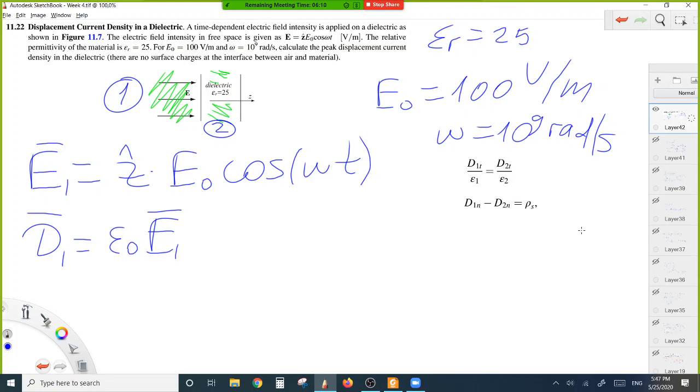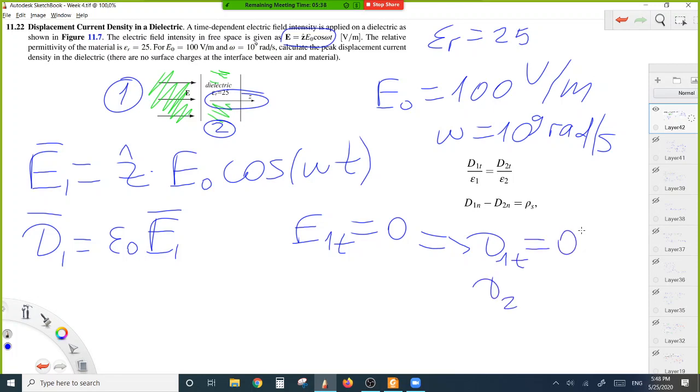Here we don't have tangential components because the axis z is given in this direction, and our electric field has a component only in the direction of z. It means the tangential component of the electric field is 0. That's why the tangential component of D1 will also be 0. The tangential component of D2, we don't know yet.